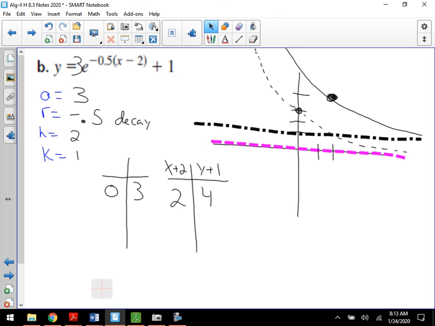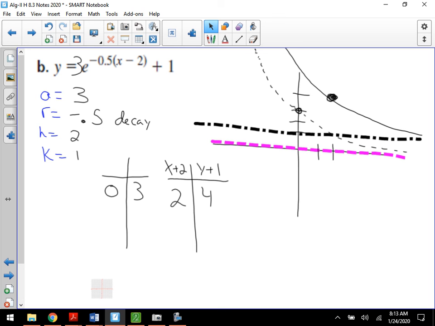Because remember, the parent function is just there to give us a visual representation of what it's going to look like when it's moving. So it makes no difference. The other one, I think yesterday there was a problem where there was no vertical shift, so they both shared the same horizontal asymptote. That's perfectly fine as well. It's absolutely not a big deal if they share asymptotes.